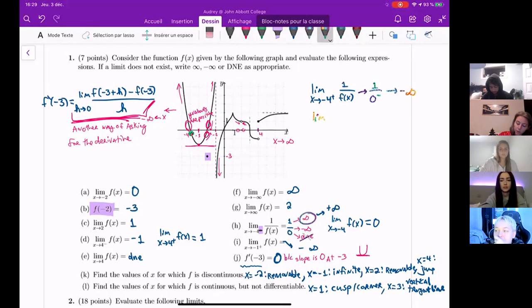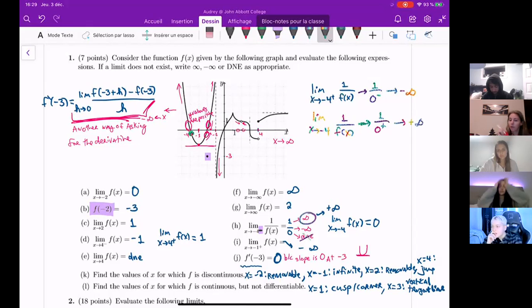Whereas if I was on the left side of -4, those values were positive, so this was like 1/0 from the right. Okay. So even if it's on the right, technically going up to positive infinity. We're looking at the sign of the y values. Okay, if I were to ask the limit as x goes to -4 of -1 over f of x from the left, then this would be -1 over 0 from the left, and what would that give me?